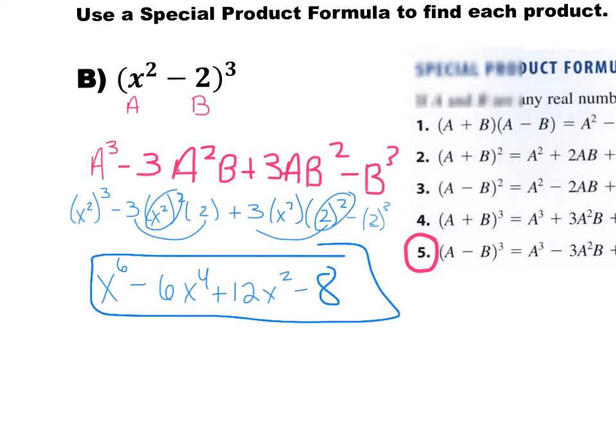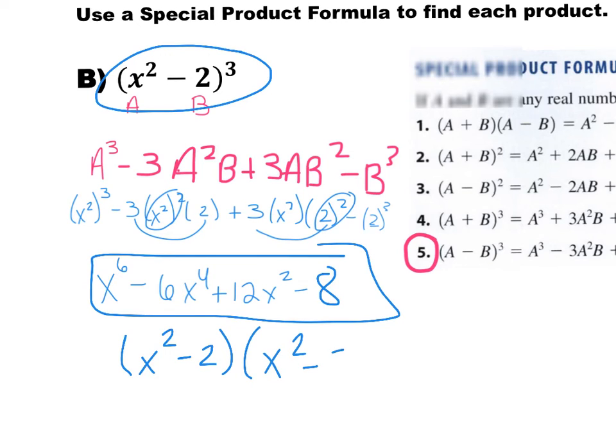Now, how could you check that to make sure you did that correctly? What would you have to do? From the beginning, how would you check that? What does x squared minus 2 cubed mean? X squared minus 2 times x squared minus 2 times x squared minus 2.